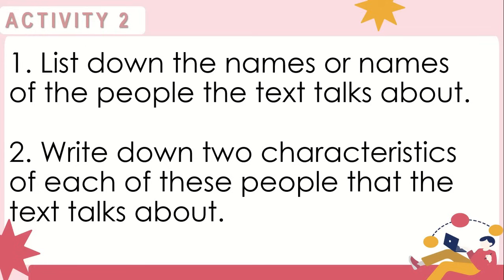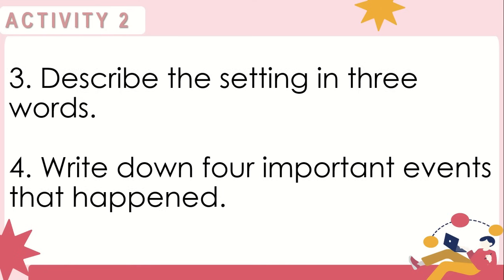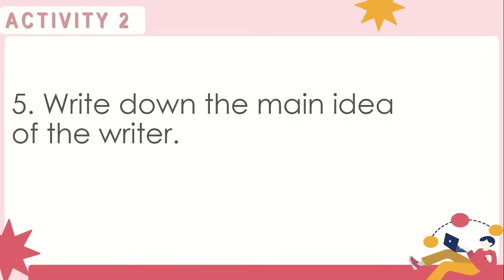For number 2, write down 2 characteristics of each of these people. 3. Describe the setting in 3 words. 4. Write down 4 important events that happened. 5. Write down the main idea of the writer.